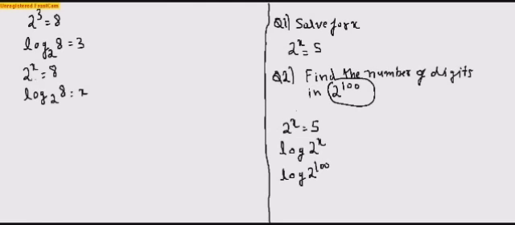So what you need to understand is that a logarithm is nothing but an alternate way to express a to the power b equal to k. That is this form, right? Now in this case, we can clearly see that x is equal to 3.